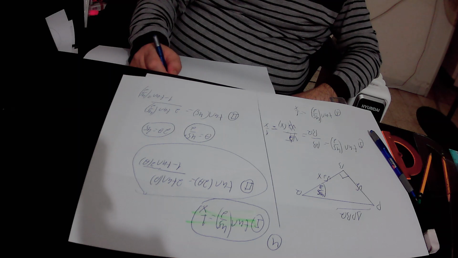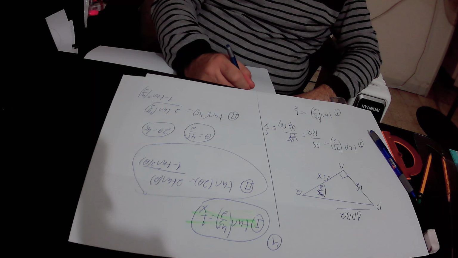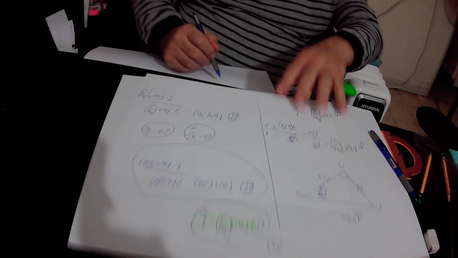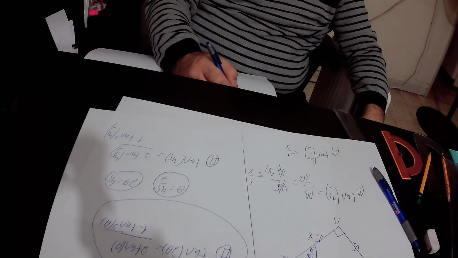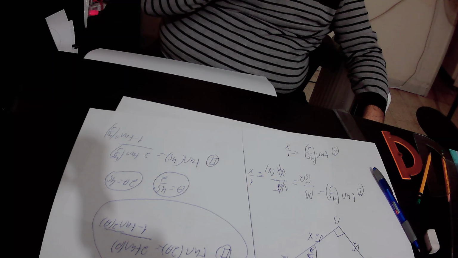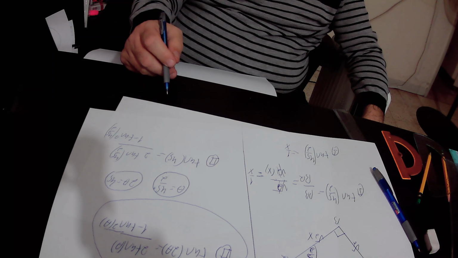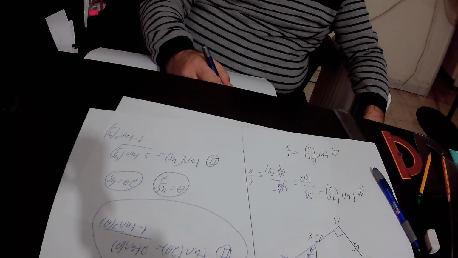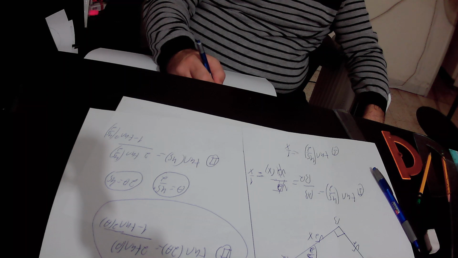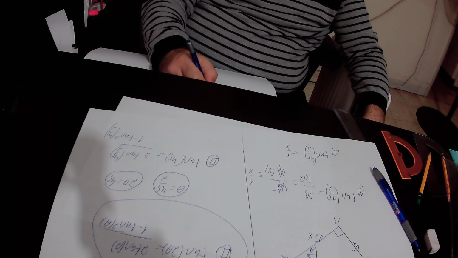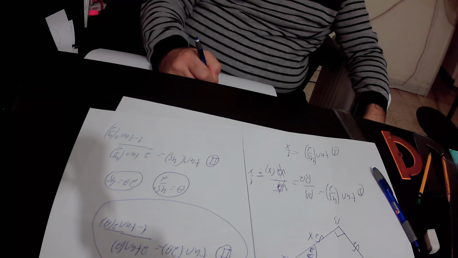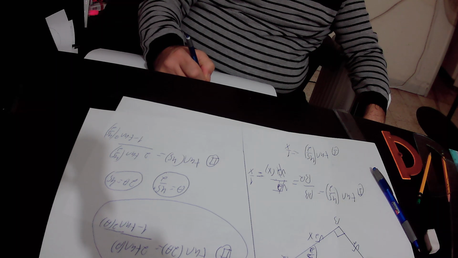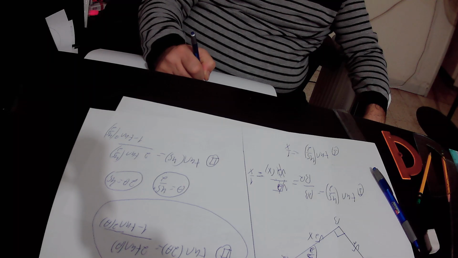So here, tangent 45 degrees equals 1, and so tangent 45 degrees equals 2 times tangent 45 over 2 degrees over 1 minus tangent square 45 over 2 degrees.